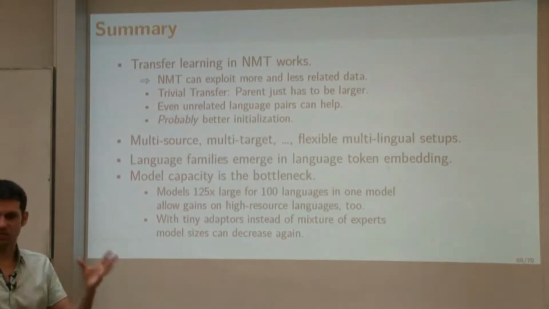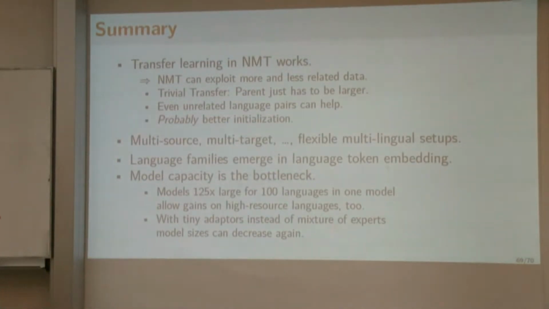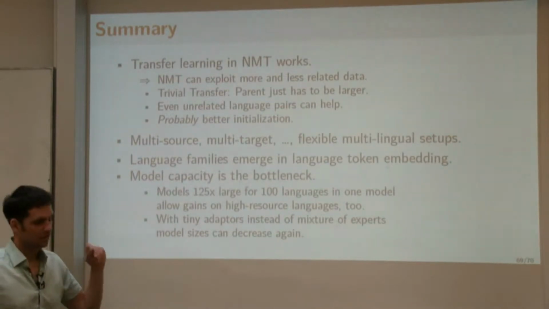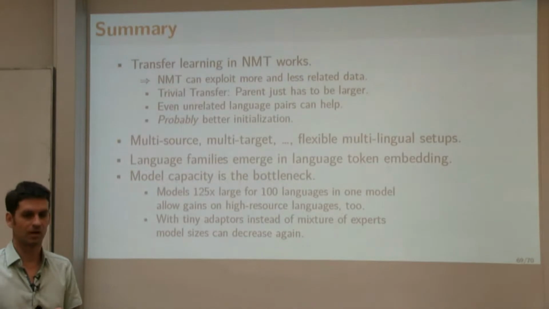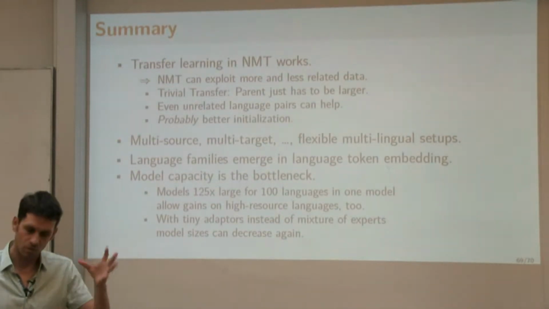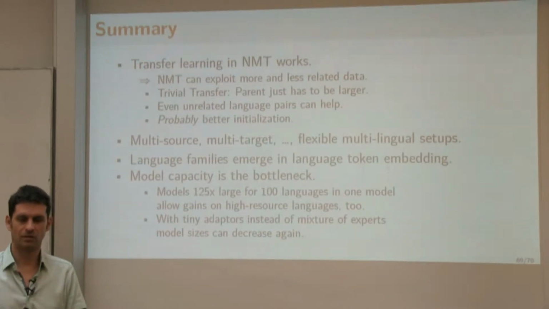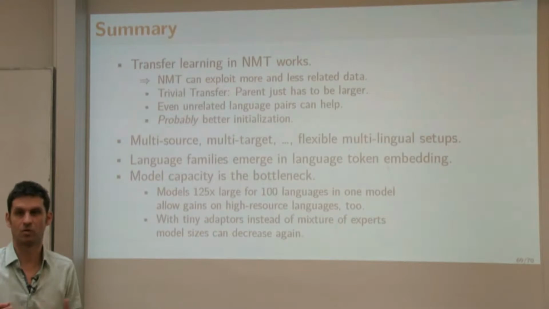So the goal would be a flexible setup which would digest whatever we have and produce whatever we want. Then we discussed the early experiments by Johnson and others from Google, who put all the data together and just added the language token label.